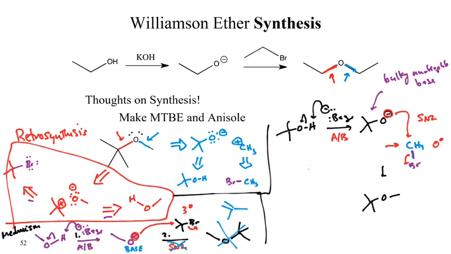Okay, so what we do is think about how we would backtrack away from this, split those bonds, look where the charges fall, decide how we could make the species that has that kind of characteristic, okay, and then put it all back together as a synthesis and check and verify that each of those steps actually make sense.